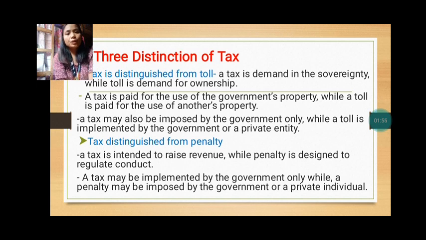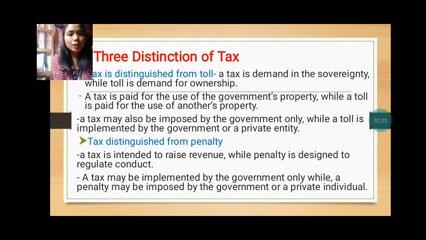Next is, there are three distinctions of tax. Number one is, tax is distinguished from a toll. Yung toll, it is a fee paid for some liberty or privileges. Example nito is yung charge of a long-distance telephone call. A tax is demand in the sovereignty while toll is demand for ownership.